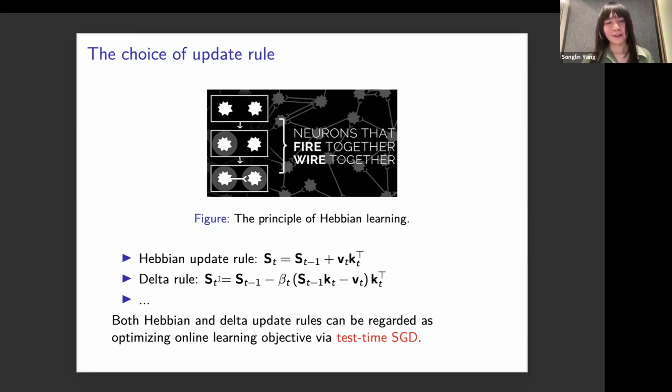If we use this delta rule to update the fast weight, then we will obtain DeltaNet, which we will revisit later. In the following, I will be explaining how both the Hebbian and the delta update rule could be regarded as optimizing some online learning objective using test-time stochastic gradient descent.